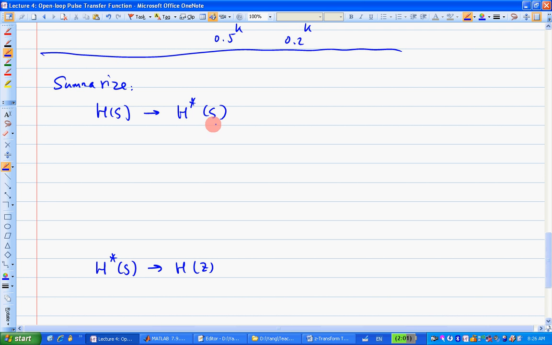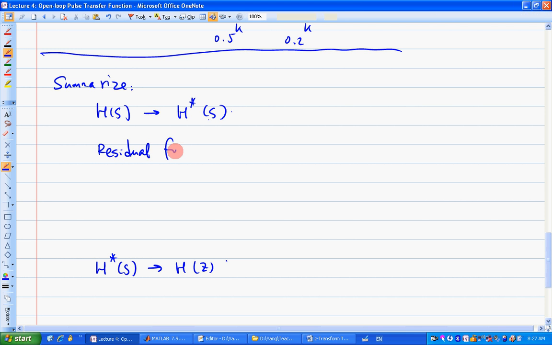Now, if you go from here to here, the key step is how to obtain H star of S from H of S. Here's a formula I need you to memorize without the proof. It's called the residual formula.